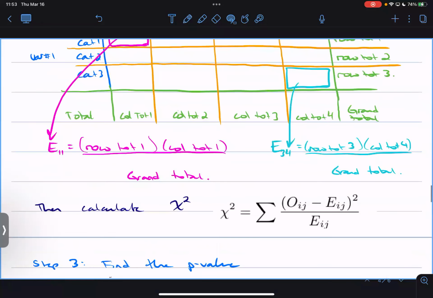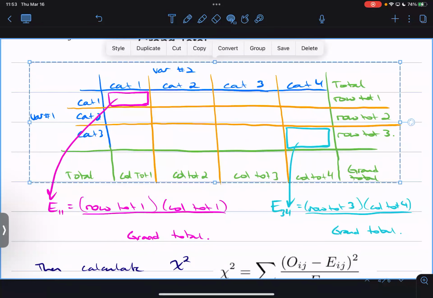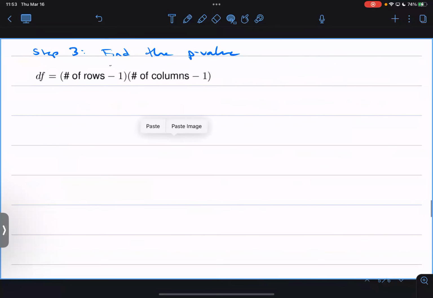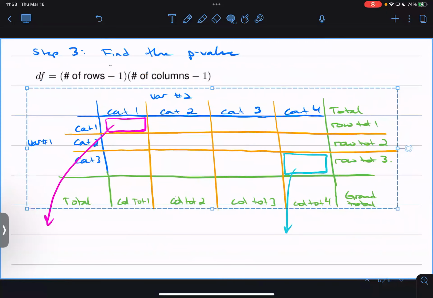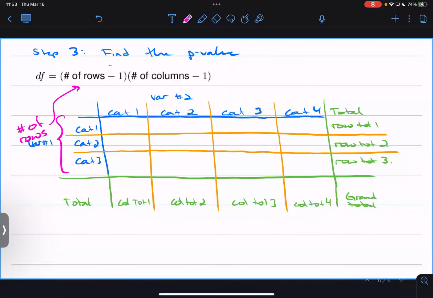So let's see here. I'll use this table again, although it's kind of a hot mess now. There. So here, this is the number of rows, and this is the number of columns.